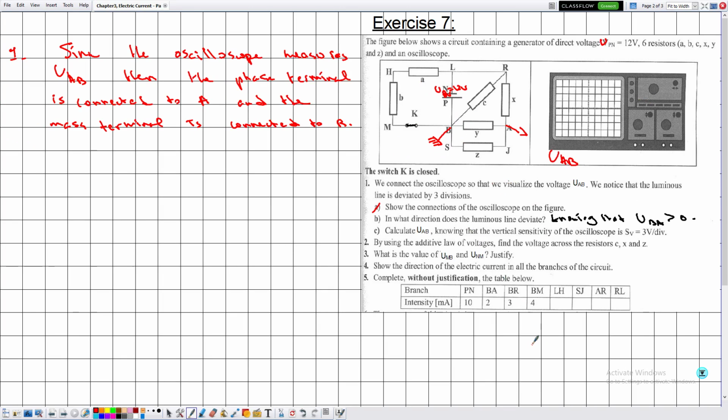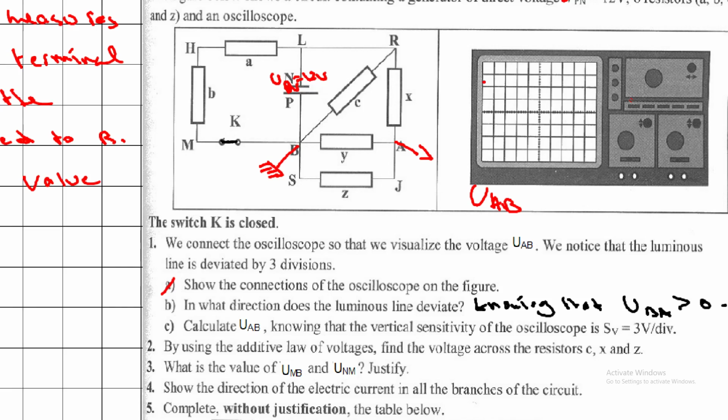Now, I'm considering that I gave you the following given, knowing that UBA is positive. So let me say if this is part A and this is part B, they are talking about the displacement of the luminous line. It will be displaced upward or downward depending on whether we are measuring positive or negative voltage.